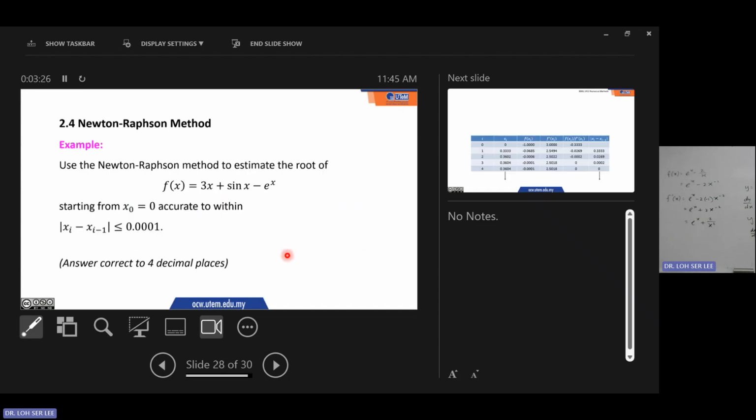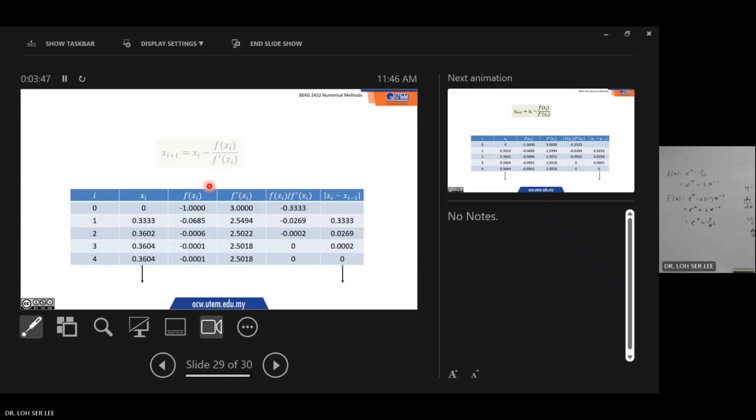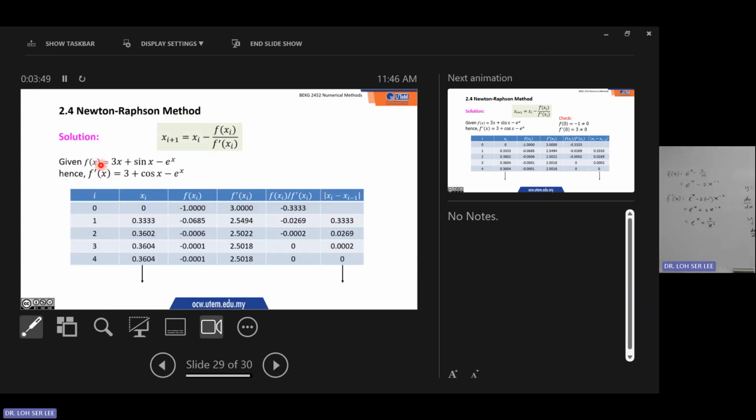Now we look at another example. Starting from 0, accurate within this. This is the stopping criteria. This one means we find the difference between 2 consecutive x values. When we differentiate 3x, we get 3.